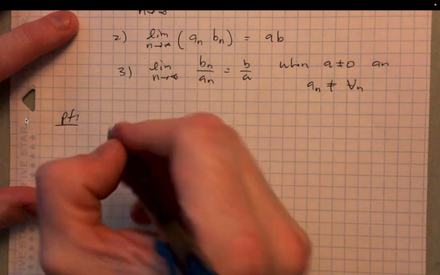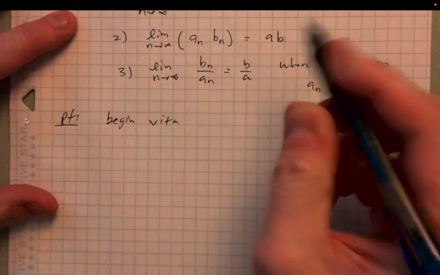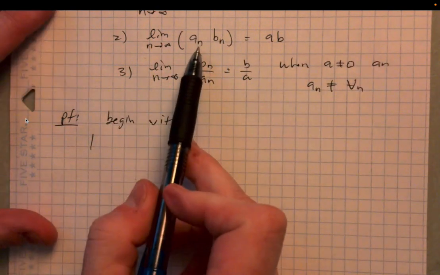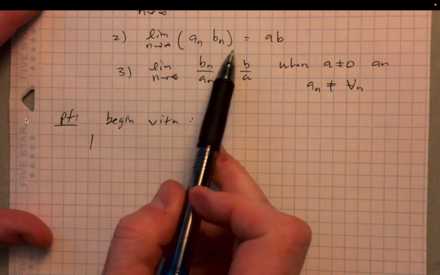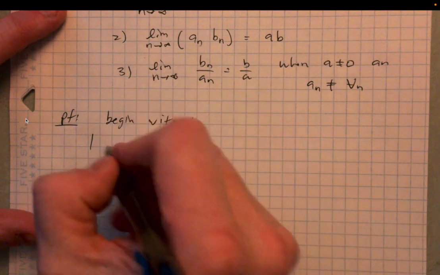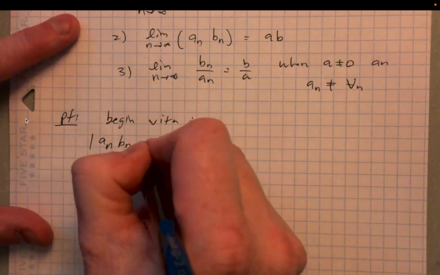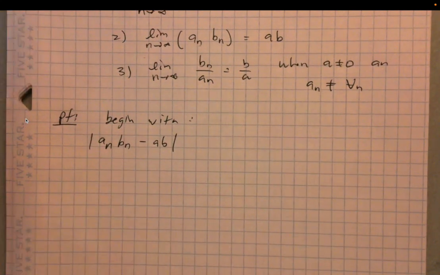This is going to be mostly an algebra trick, so we'll begin with this, right? Again, we're trying to show that the limit of the product a sub n, b sub n as n goes to infinity is equal to the product ab. So we'll begin with just what we would assume if we were doing an epsilon-delta proof: the absolute value of a sub n, b sub n minus ab, so the distance between those two.